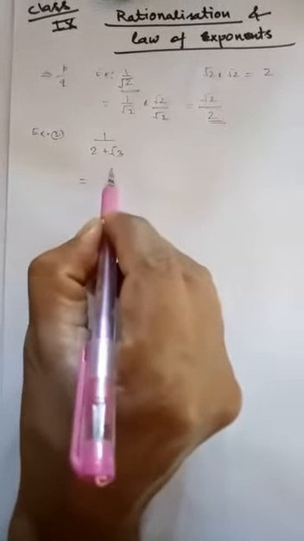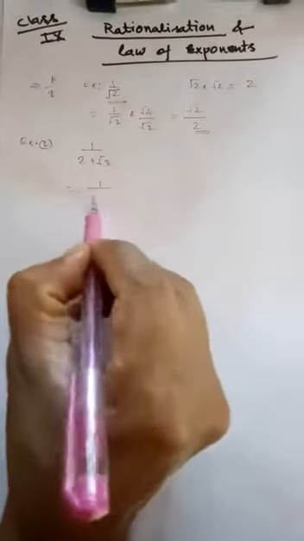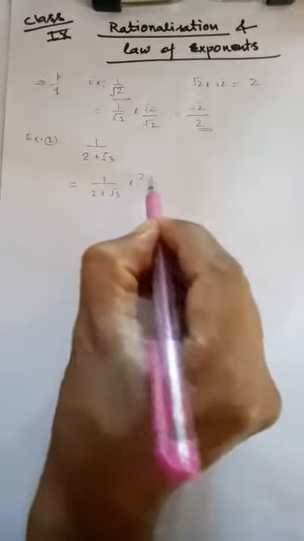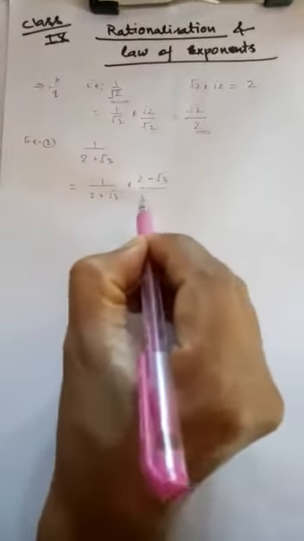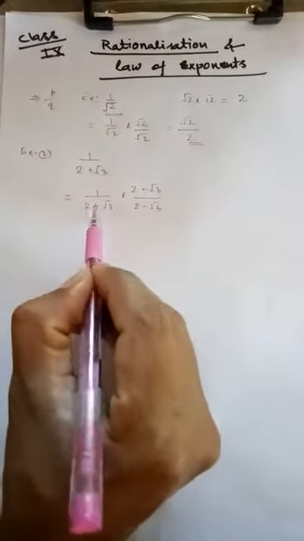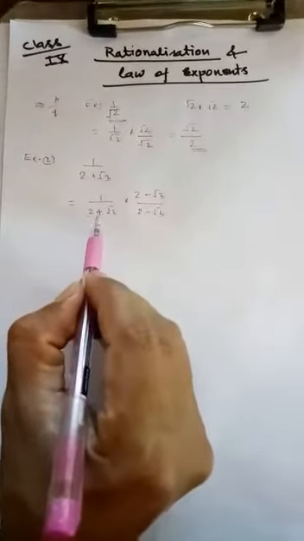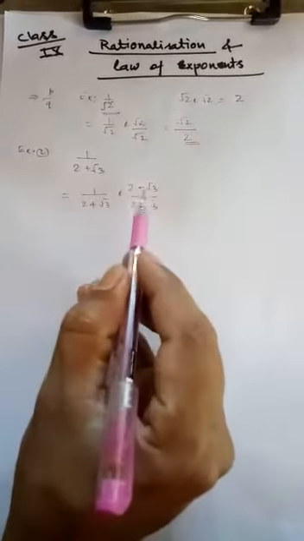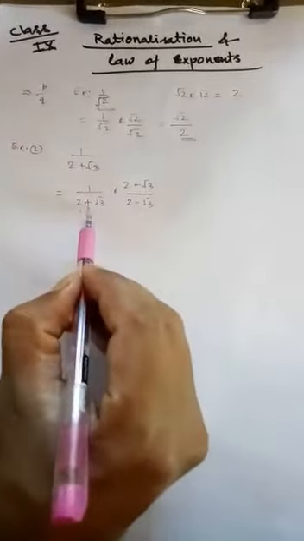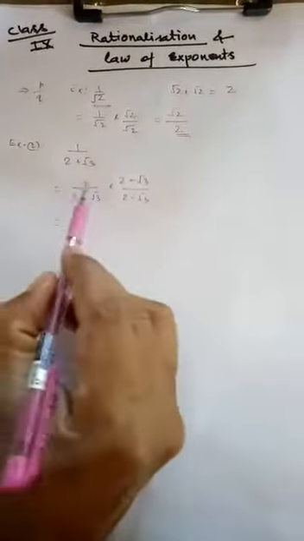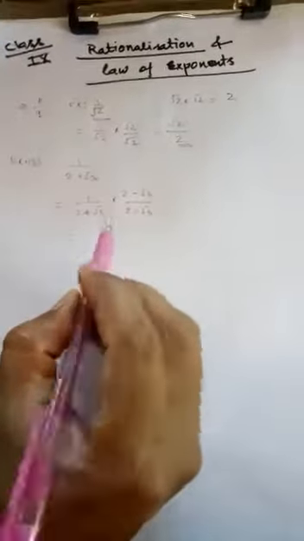We can rationalize easily: 1 upon 2 plus root 3 into 2 minus root 3 upon 2 minus root 3. That is, we have to change the sign. If we have plus, we convert it into minus; if we have minus, we convert it into plus, and simply multiply the numerator and denominator.